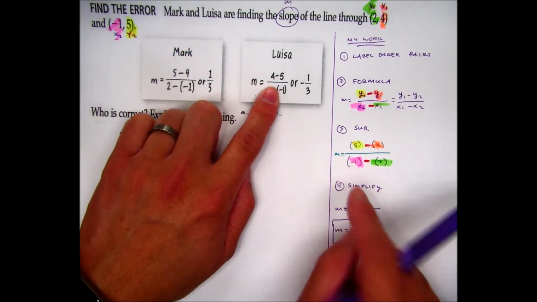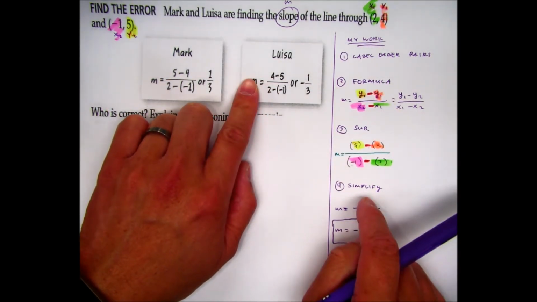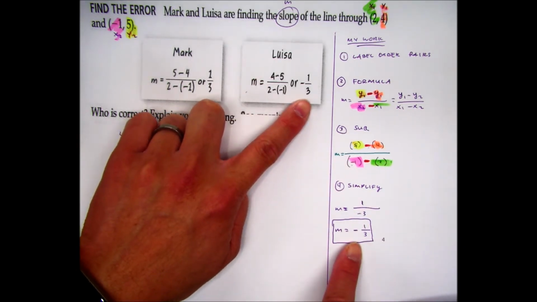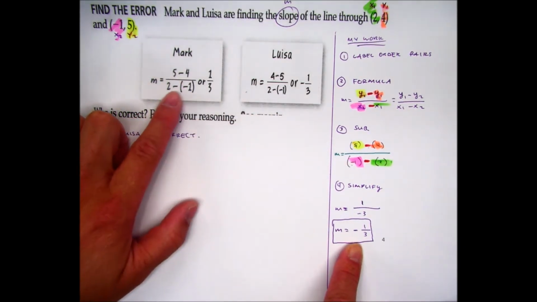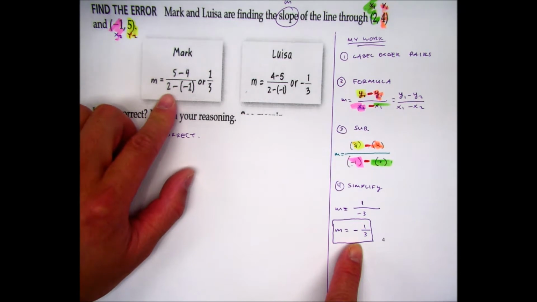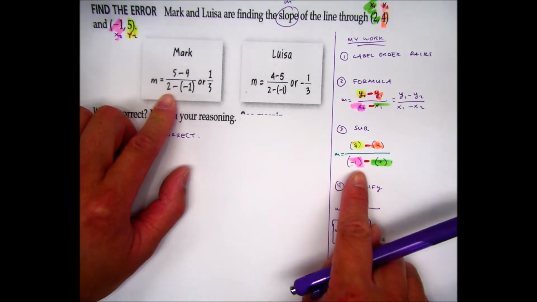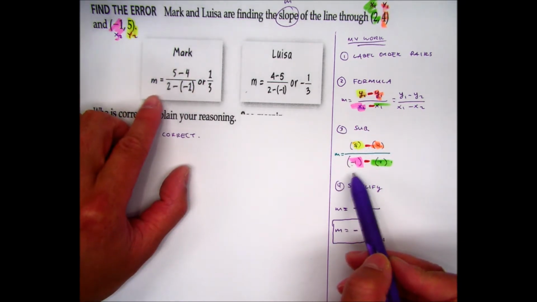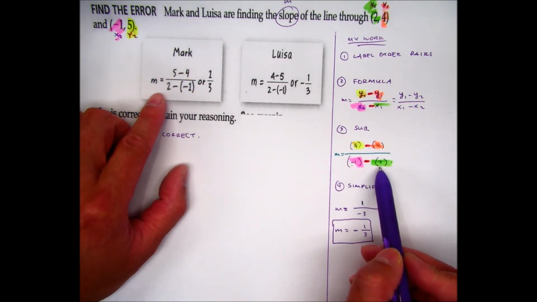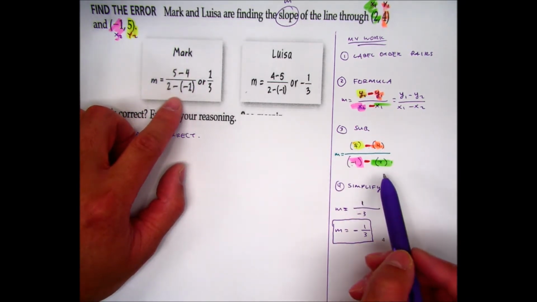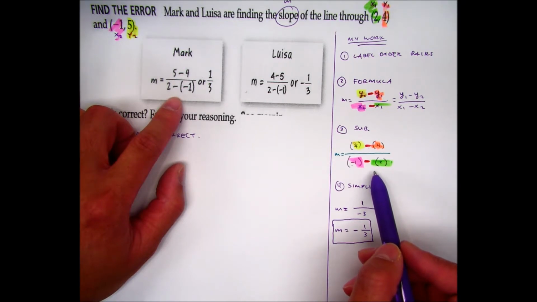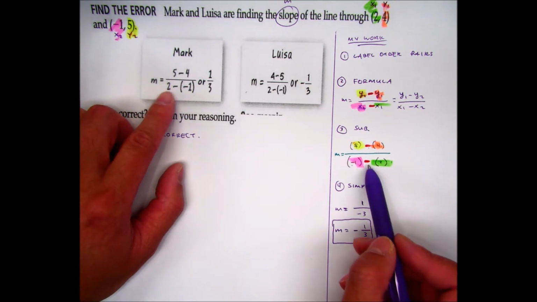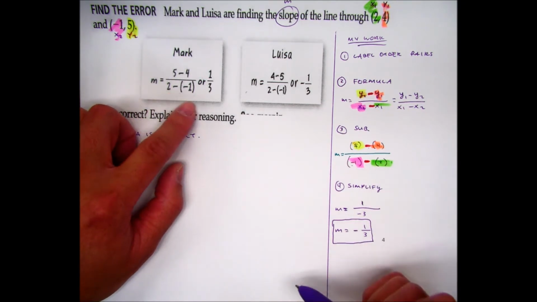Now Louisa switched the ordered pairs, which is okay, and she still gets the same answer. Mark did our work, so we can do an easier comparison. He has 5 minus 4, but he should have done 2 minus a -1.